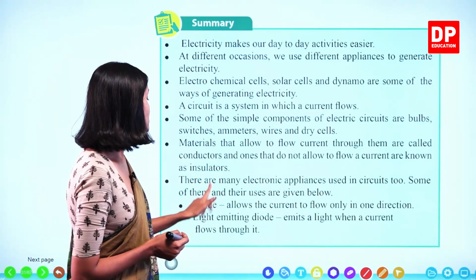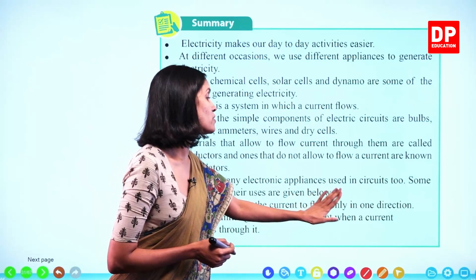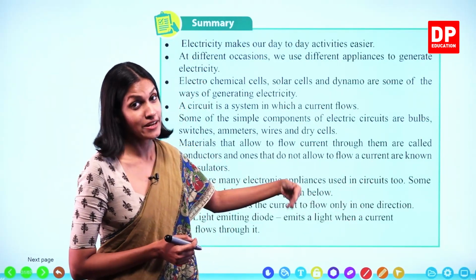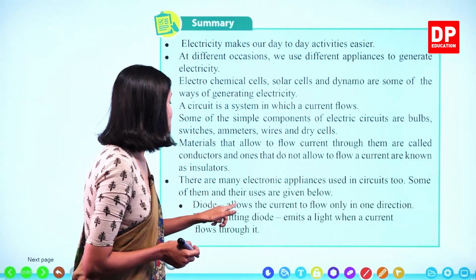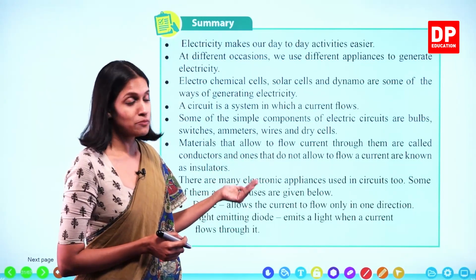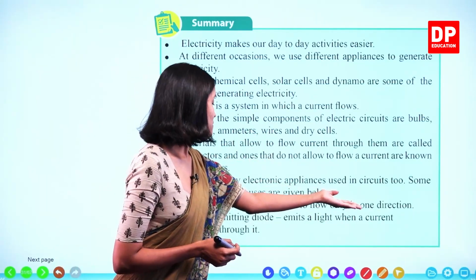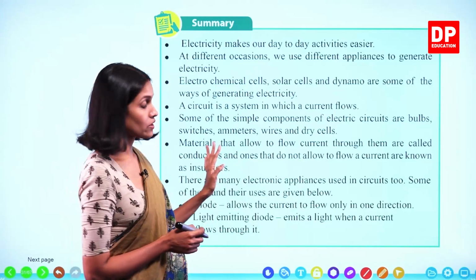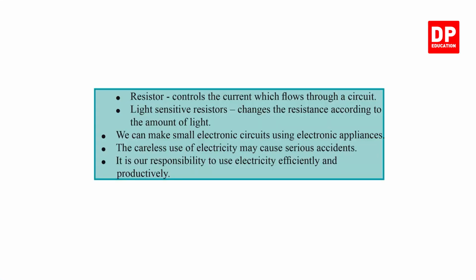Diode allows the current to flow only in one direction. We did experiments too. Light emitting diode, also a type of diode, emits light when a current flows through it. What else? Resistors control the current which flows through a circuit. Light sensitive resistors, a type of resistor, change the resistance according to the amount of light.